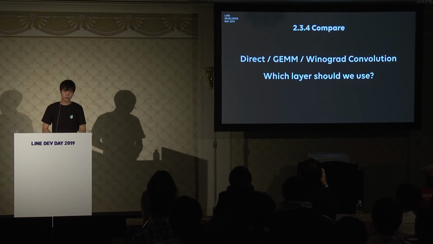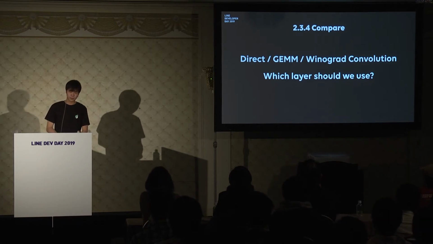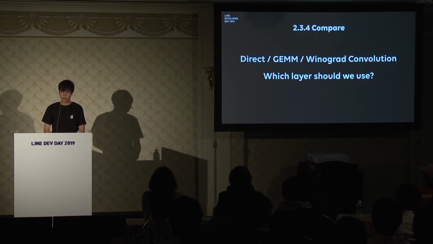So we saw the three convolution methods: direct convolution, GEMM-based convolution, and Winograd convolution. Which one should we use? So we compared all of them.